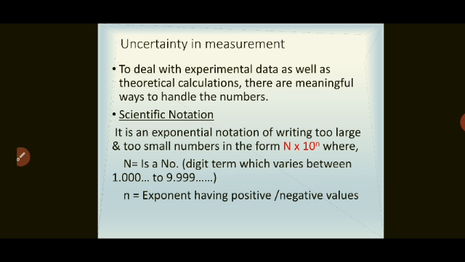So there always remains uncertainty. Uncertainty means which is not certain, not sure, or there remains some error. And to deal with this experimental data or theoretical calculation, there are meaningful ways to handle the numbers, and one of such is scientific notation.